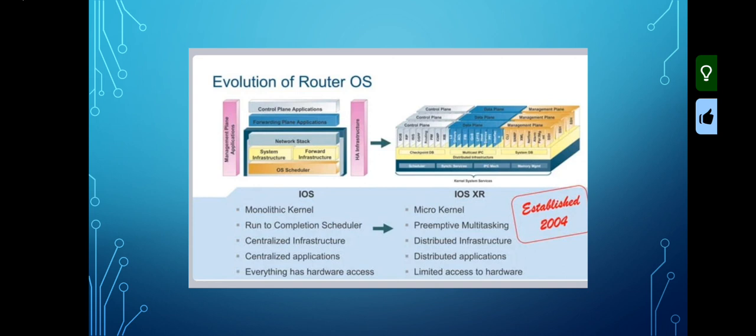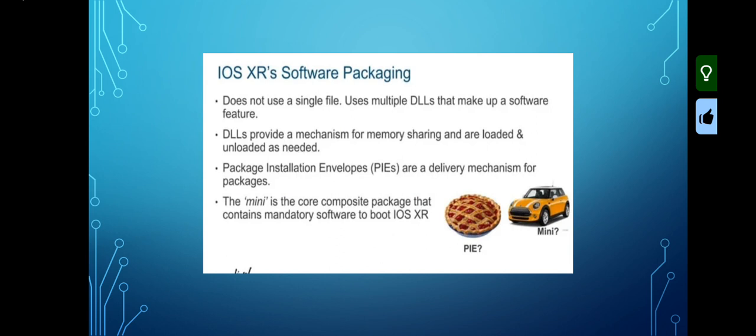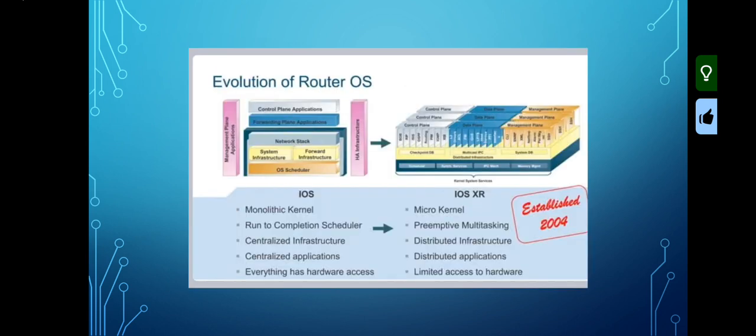In micro, it is not like that. However, IOS does support centralized infrastructure and centralized applications. IOS XR does support distributed infrastructure and distributed applications. IOS does have hardware access. IOS XR does have limited access to the hardware. So in IOS XR, we've got the control plane, management plane, and data plane.